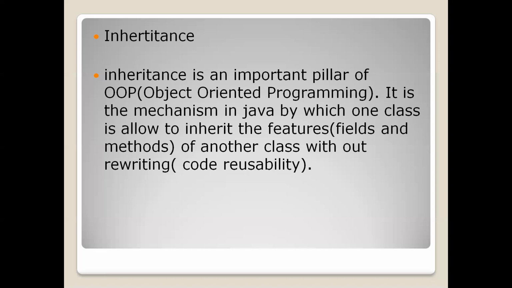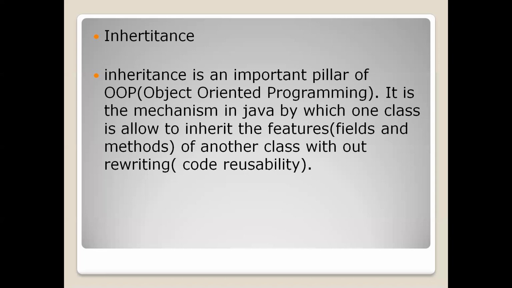If the other class wants to have the same type of variables and methods, without rewriting the same variables and methods of the above class, we can just inherit them, right? We can inherit them by using this mechanism. Don't worry, there are different types of inheritances, and I will show an example of each and every type.